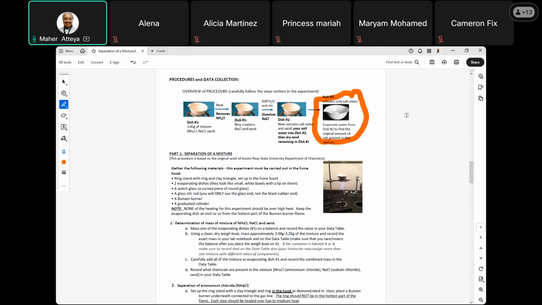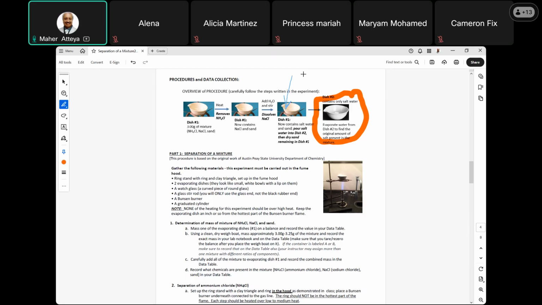So what I will do here, just bear with me a little bit. Remember this is dish number 1, correct? After I have gotten rid of the smoke, ammonium chloride, cooled down, weighed, and determined the amount of ammonium chloride, now I can separate in this step.